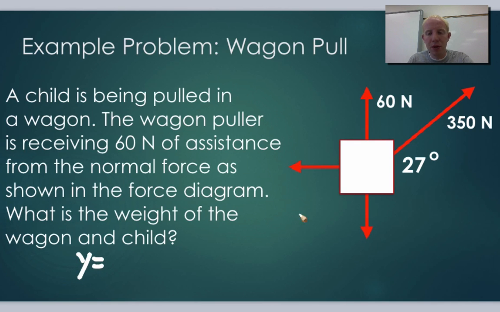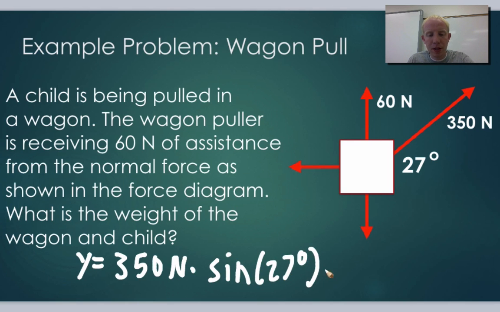So the y component of this vector is the magnitude of the vector, 350 newtons, times the sine of 27 degrees. You do that, 350 times sine of 27, you should get that it's about 159 newtons.